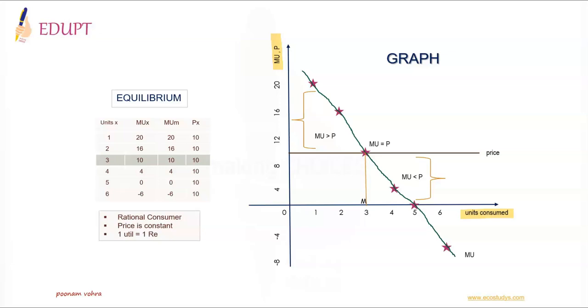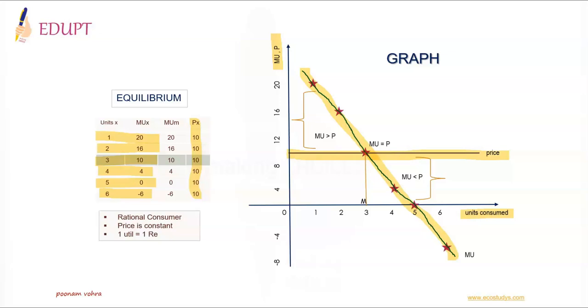So all the points of consumption and marginal utility derived from such consumption are plotted, and by plotting one finds that marginal utility is a downward sloping curve. Then price of commodity X is plotted, which is constant. By such plotting one finds that it is a horizontal straight line.